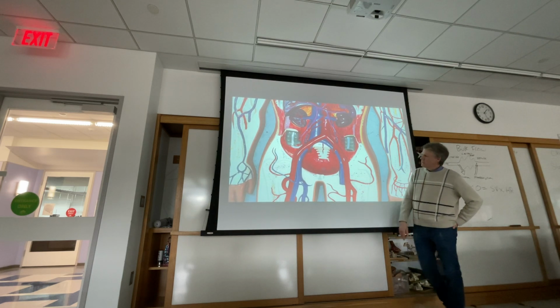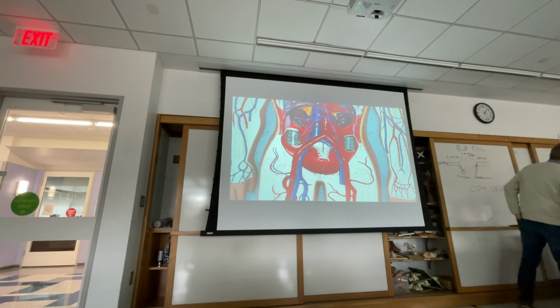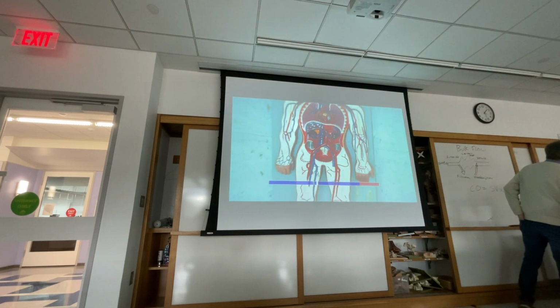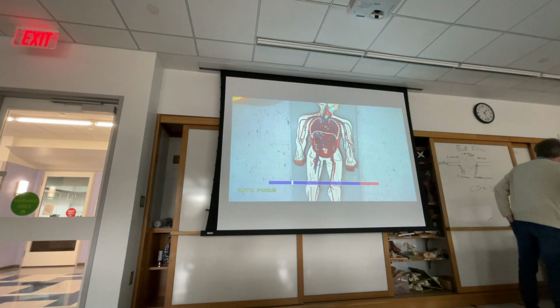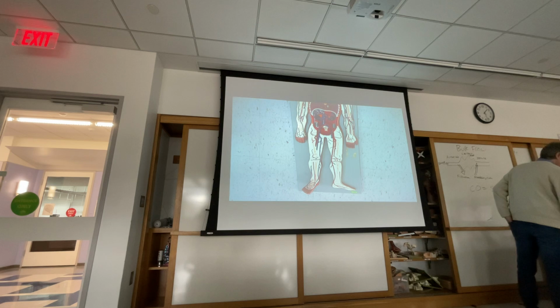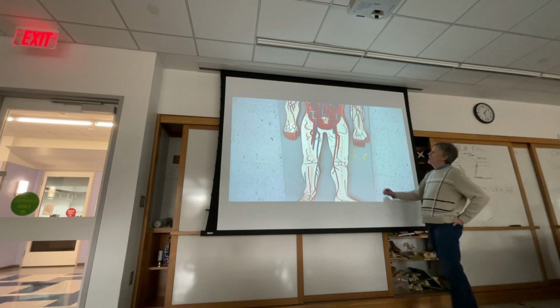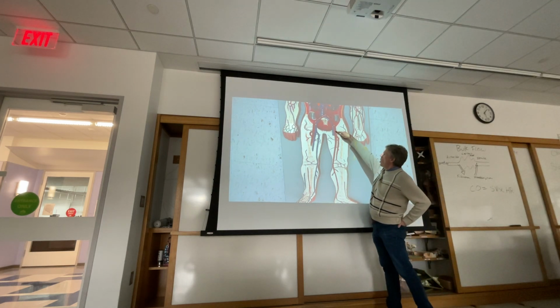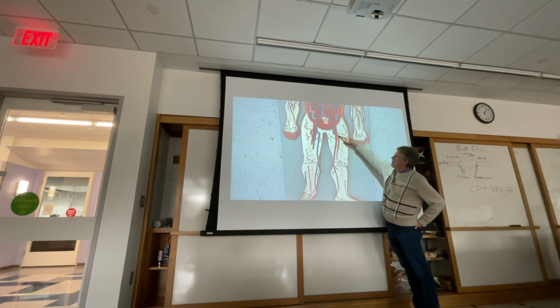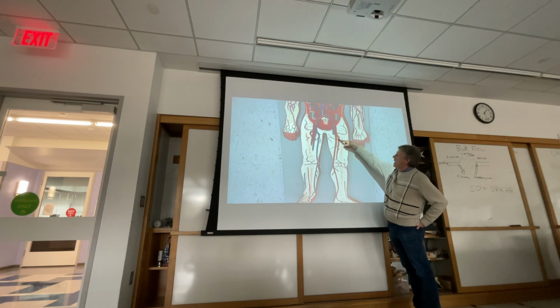Okay? Now if I back up, I'm going to use the left side, because they're showing it a little bit better. This is still the femoral artery as it goes down here. There is a deep branch that comes here that you don't have to worry about. But this is the femoral artery coming down here.